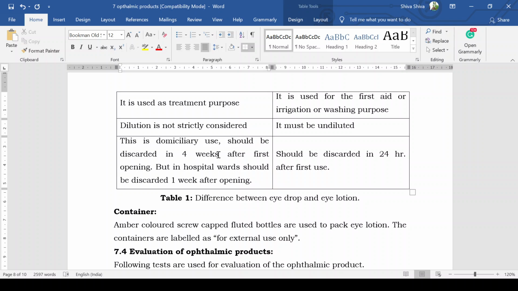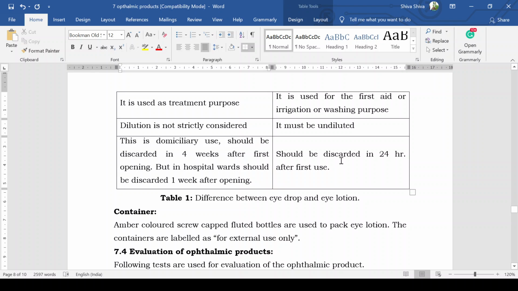And if the same eye drop is used in the hospital, then the hospital staff should discard the eye drop within 1 week after its opening.